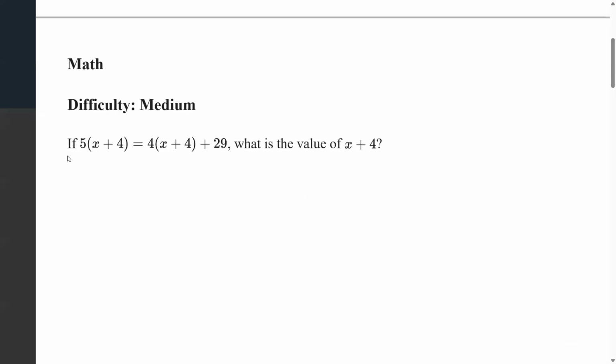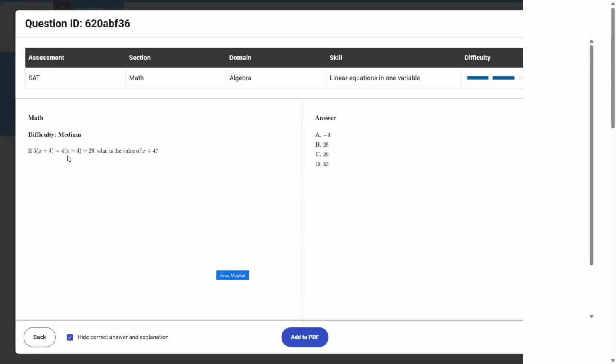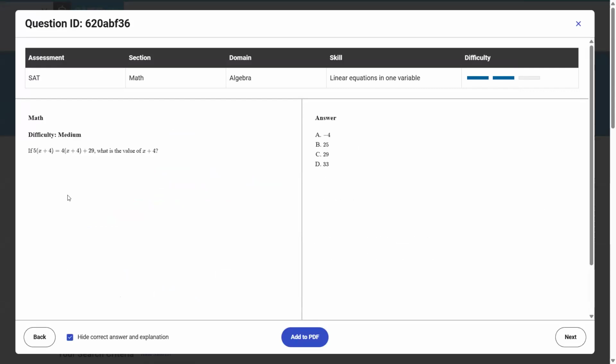So what's the value of x plus 4? Don't solve for x, just shift this whole thing to the other side. 5 minus 4, it will be 1, so x plus 4... 5 minus 4 is equal to 29. Shift this 4 to the other side. It will be x equals 25.